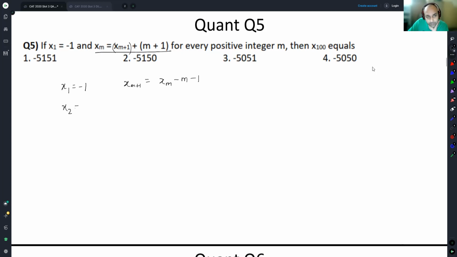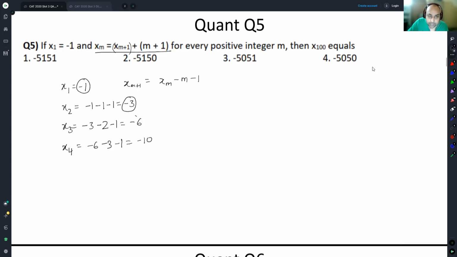So x2 should be equal to -1 minus 1 minus 1 adds up to a total of -3. X3 should be equal to -3 minus 2 minus 1 adds up to a total of -6. X4 is equal to -6 minus 3 minus 1 adds up to a total of -10.